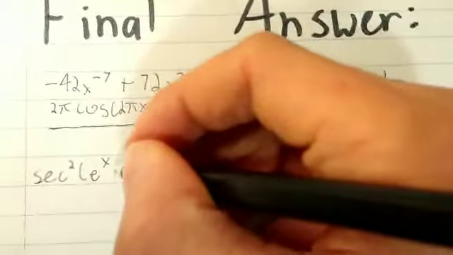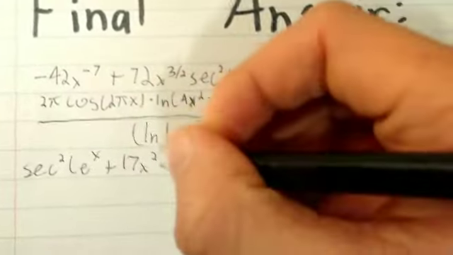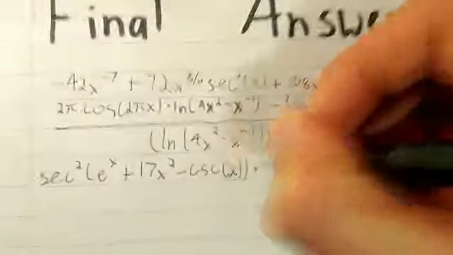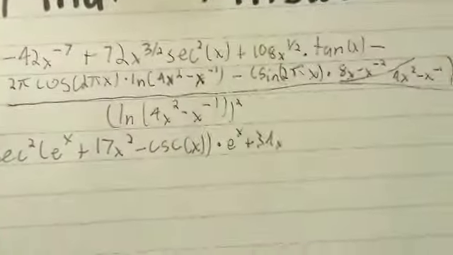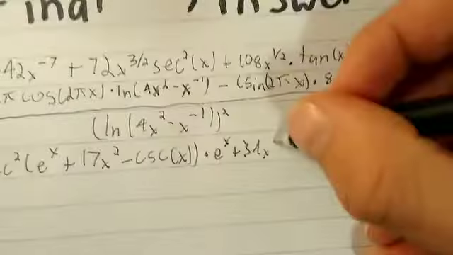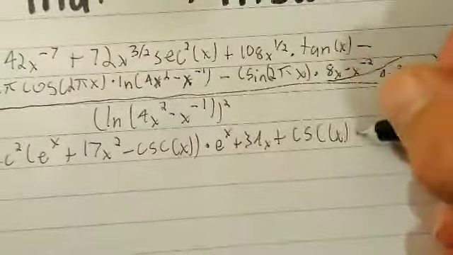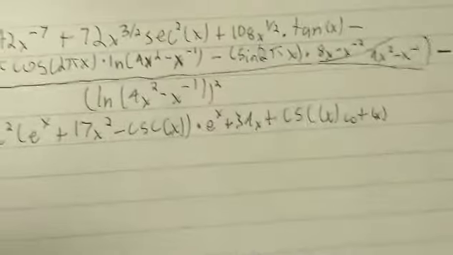Now, when we move on to our next one, which will be secant squared of e to the x plus 17x squared minus cosecant of x times e to the x plus 34x plus cosecant x cotangent x. Up next is our exponent problem.